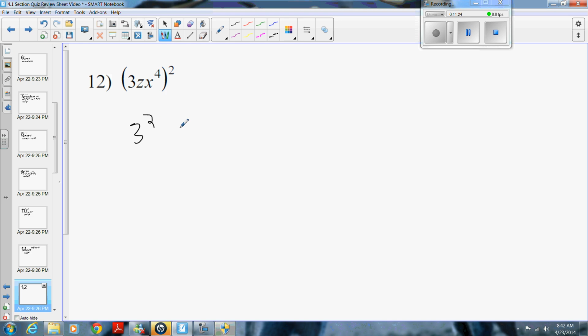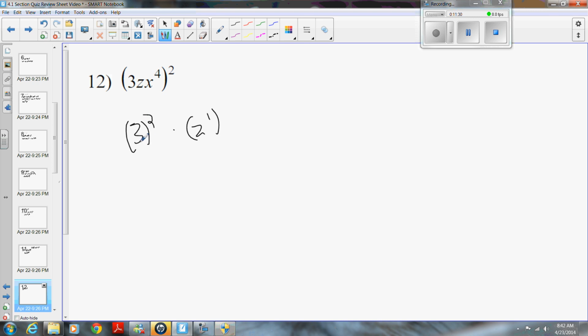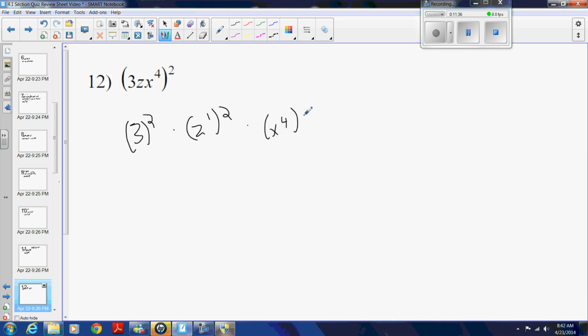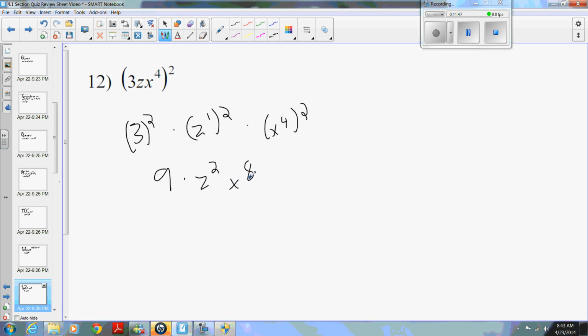3 squared times z to the first quantity squared. And I should really use parentheses around all these, because this makes sure that you take care of your negatives, and it makes sure that everything is in order. So when you rewrite this, I've actually been displaying this badly. Should put parentheses for everything. z to the first, so 1 times 2 is 2, and that is x to the 8th.